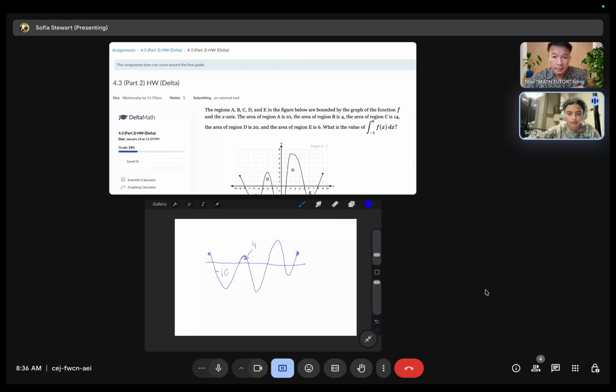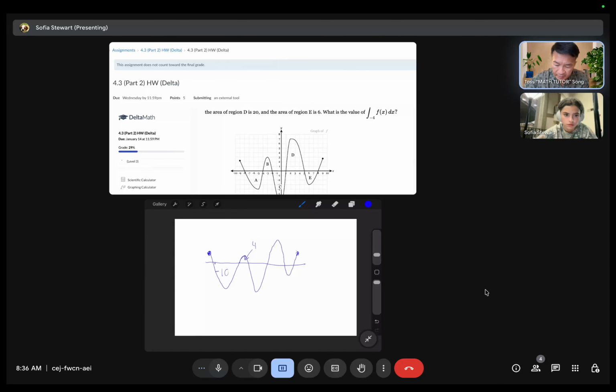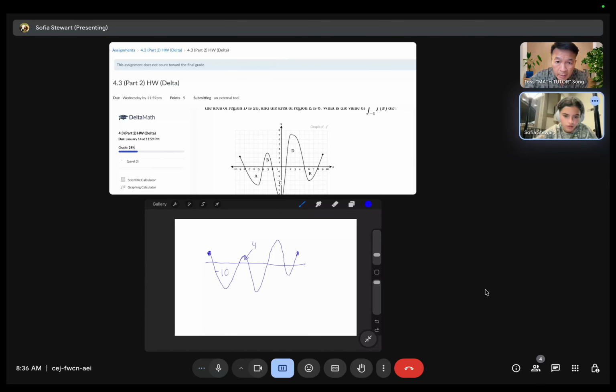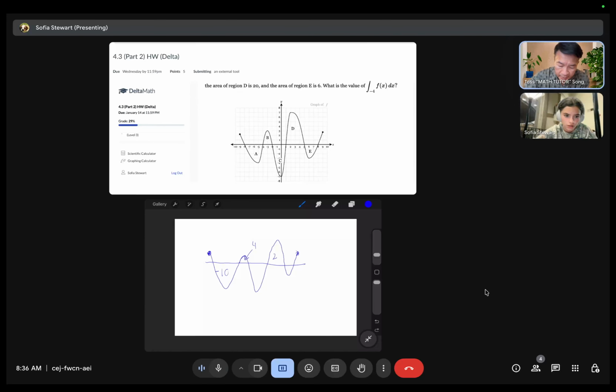Is it in the range from negative 4 to 8? Let me double check. We don't care for the endpoint here, just this right here and this right here. A doesn't fit into negative 4 to 8. D is 20, like E.